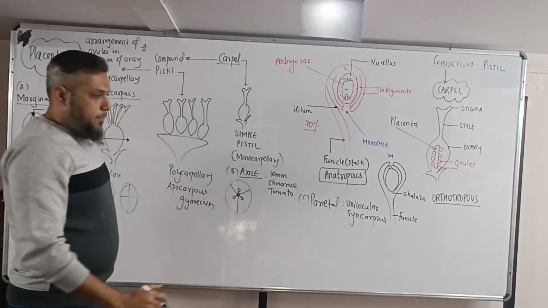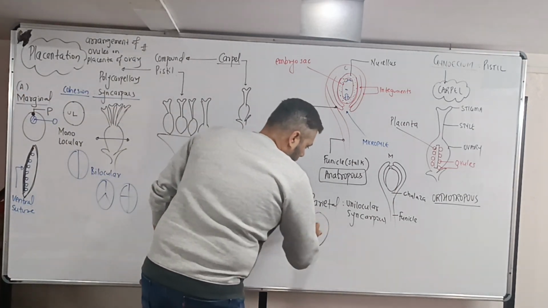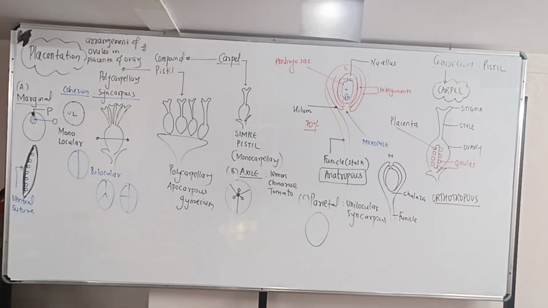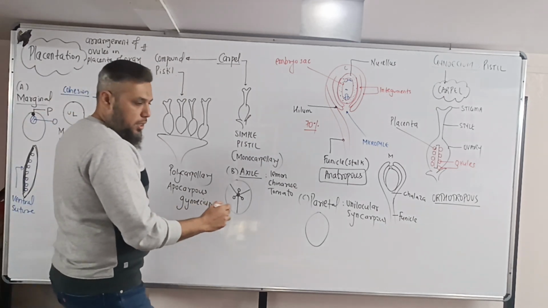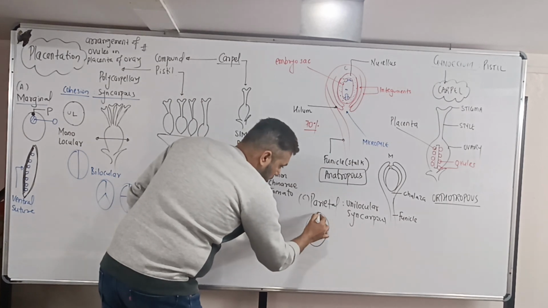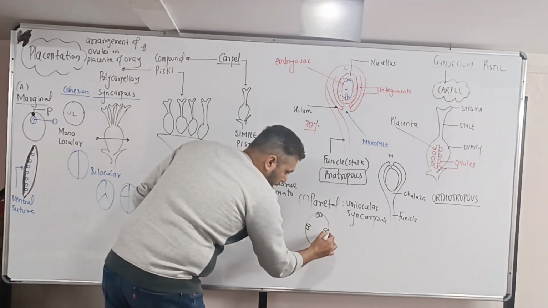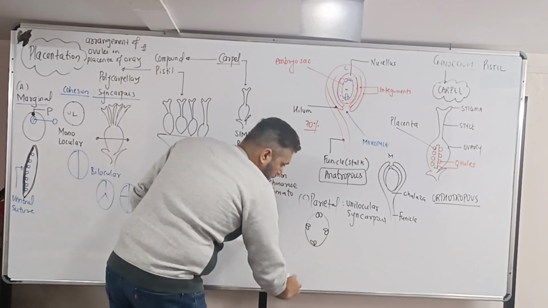And tell me, where are the ovules arranged? Look at the diagram and tell me. On the peripheral part? Or can I say they develop on the inner wall of the ovary? This is the ovary, and on its inner wall they develop like this. Are they developing on the periphery or not? Give yes or no. Yes.